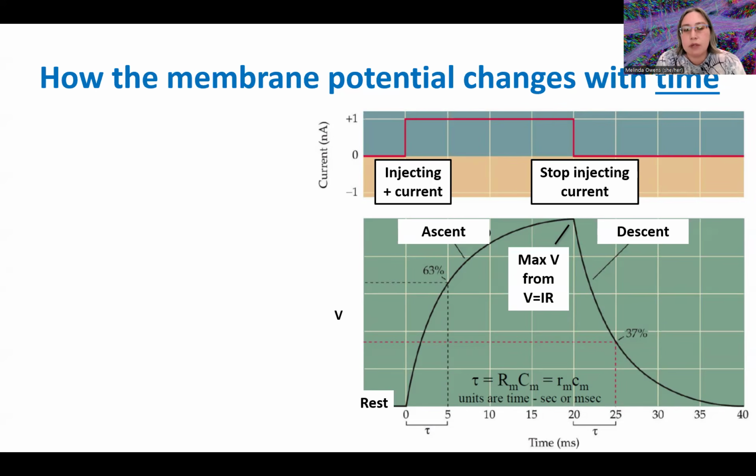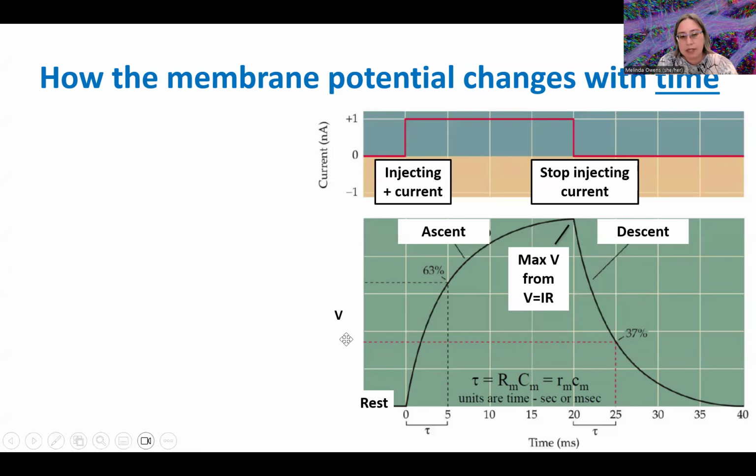You don't know what to put where, and you don't know how to verify that your answer makes sense. And sometimes you don't even know how to get started because you don't know what's going on. So what we're going to do here is talk about what is going on inside the cell and what is happening with the voltage, in general, without any numbers, when you inject current and when you stop injecting current.